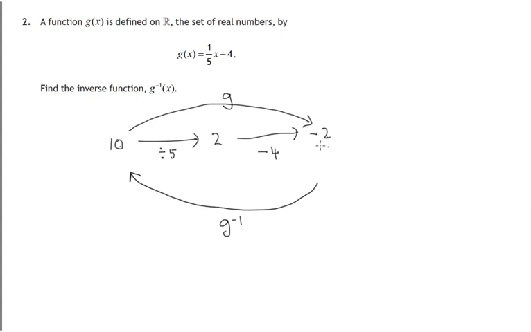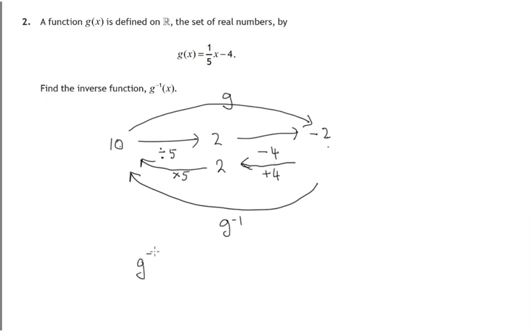If we start at negative 2, instead of subtracting 4, we would add 4, which would get us back to the 2. And then instead of dividing by 5, we would multiply by 5. And that would get us back to 10. So we're looking for the function that adds 4 and then multiplies by 5.